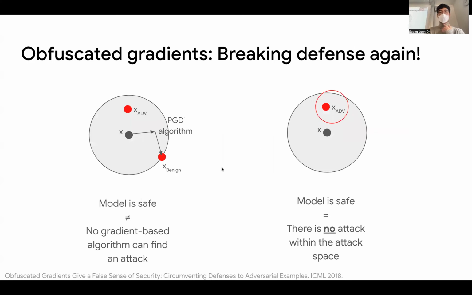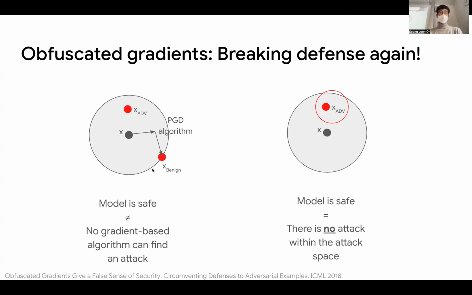So this is a schematic diagram of what's actually happening here. We start from this original image X, and let's say you break down your gradient such that your PGD algorithm is not attacking the image in the right way, and eventually it results in this benign image, which is still recognized well. But the problem is there can still be some adversarial image within the neighborhood.